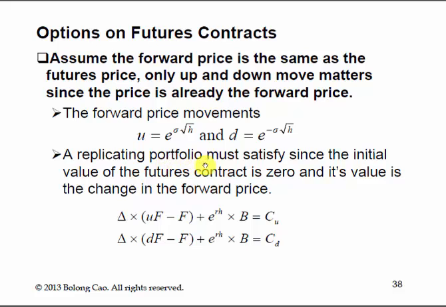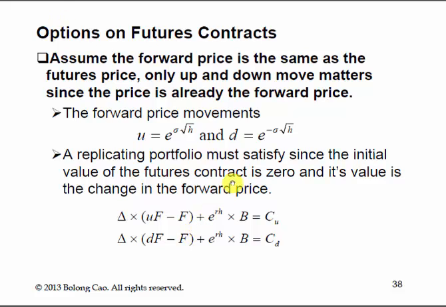And then we need to consider the replicating portfolio, and how much it is worth. It must satisfy, since the initial value of the futures contract is 0 and its value is the change in the forward price, these two equations. Except F here itself is 0, just up and down.